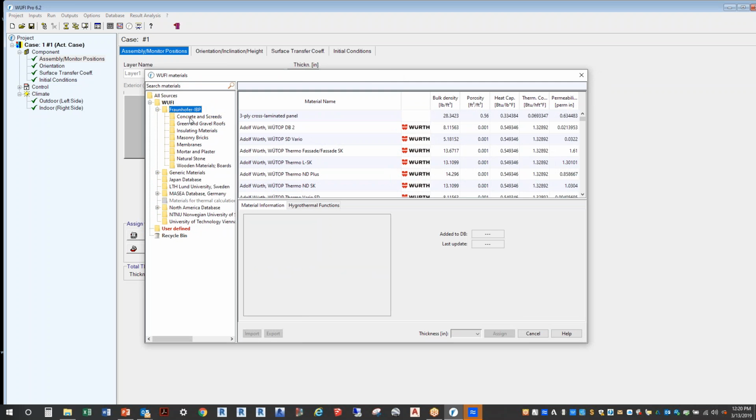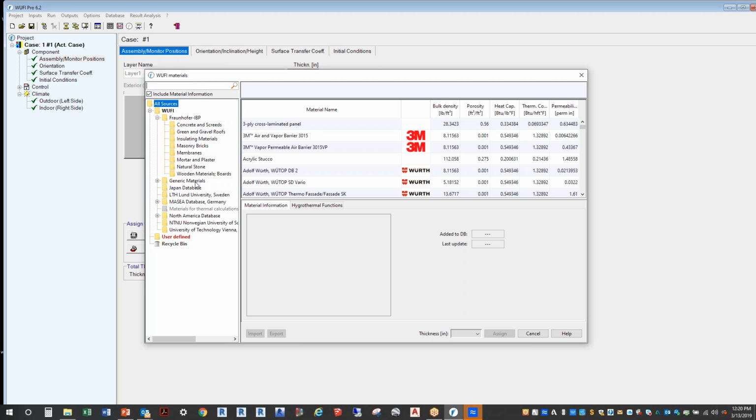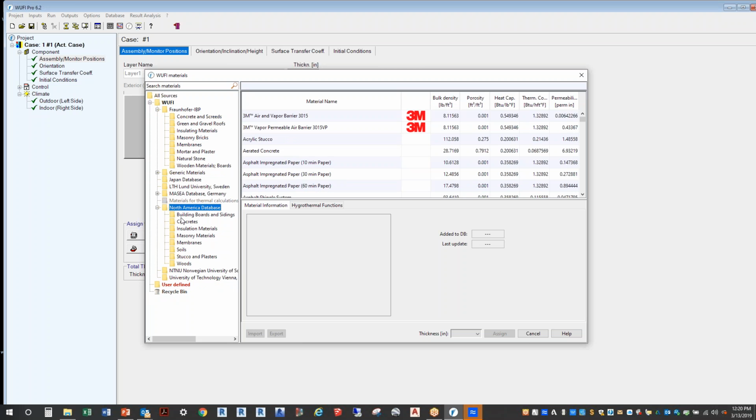Okay, so let's start on the outside, and I'm going to double click on this, and this is going to take me to the WUFI directory where all the materials are listed. And there should be something in here that represents what you're looking for. You can search those materials up here, or you can just come down to the North American database here. You've got building boards and siding, concrete, insulation materials, masonry materials, membranes, soil, stucco, woods, and so on.